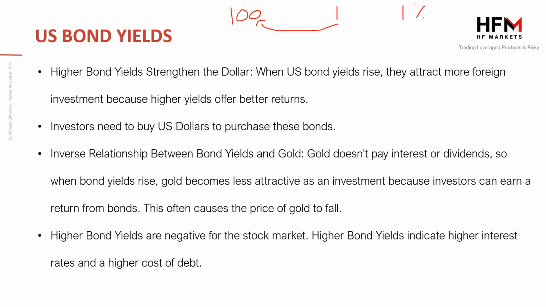They're lending me 100, so I'm paying them 1% return. Yield is basically profit. But if the bond increases to being worth 200 US dollars, then the yield is still $1, but in terms of percentage, $1 of 200 is 0.5%. So the yield sees volatility. This is what bond yields are.